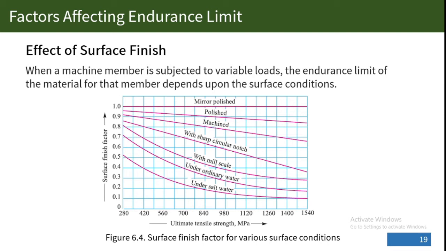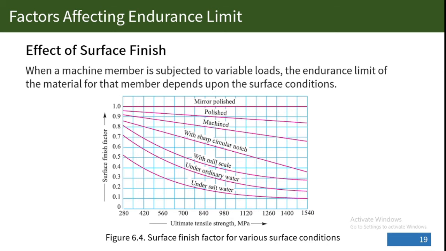Here in figure 6.4, we see the values of surface finish factor for the various surface conditions and the ultimate tensile strength. In this graph, the y-axis represents the values of surface finish factor for the different surface finishes. The x-axis is the ultimate tensile strength of the material in megapascal.